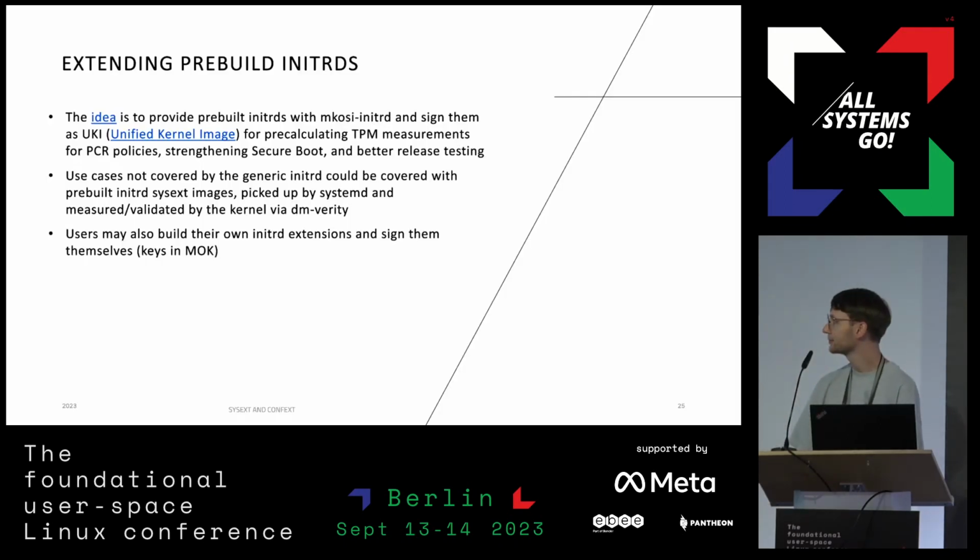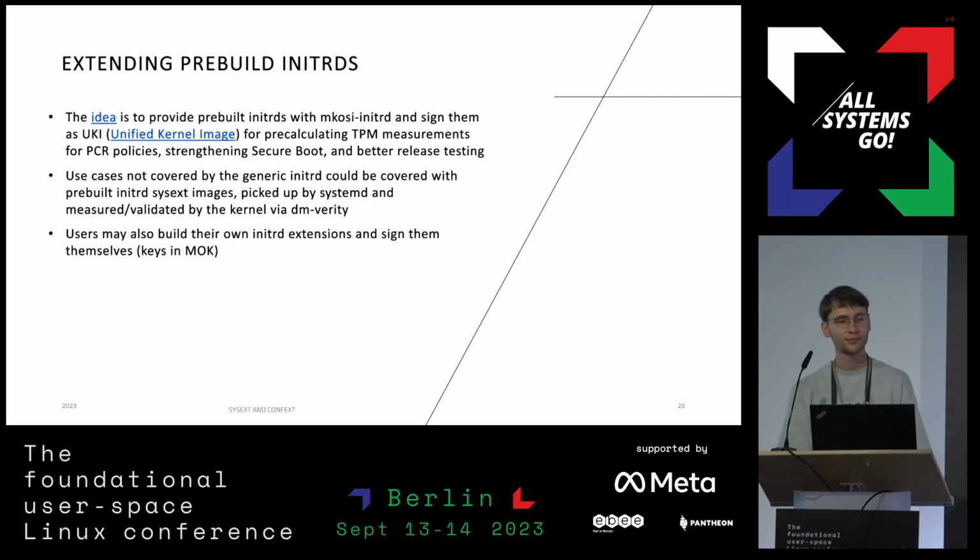Okay. Also, there's one more use case. We can also use this, as we mentioned before, for initrds. So this was covered before, but very quickly, we have mkosi, which is a tool to build OS images, and mkosi-initrd, which can be used to build initrds from packages rather than using Dracut or initramfs tools. So you can couple this with UKIs that Lennart talked about before, for all the awesome reasons that you already mentioned.